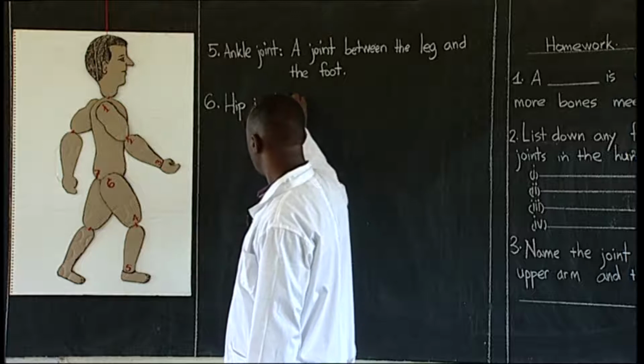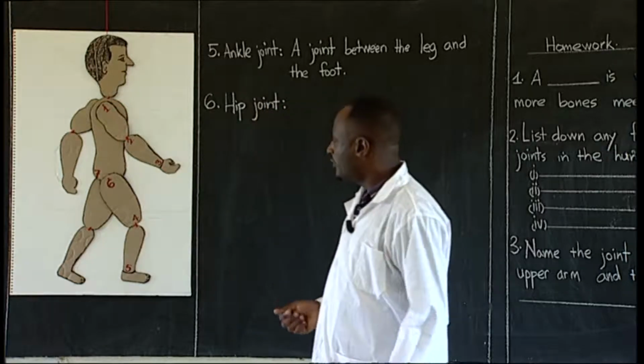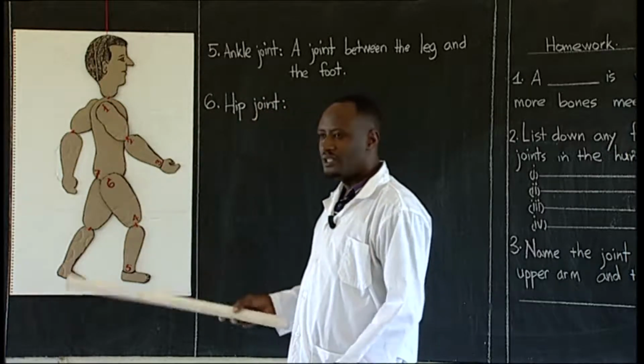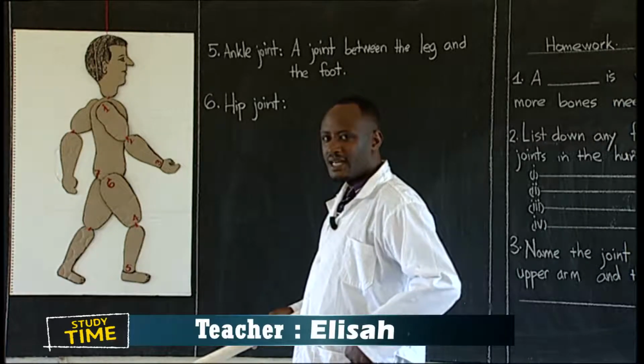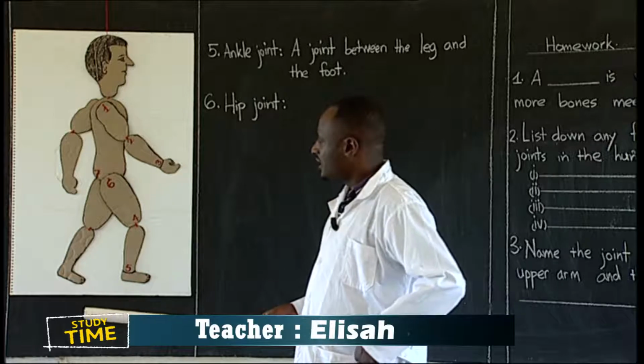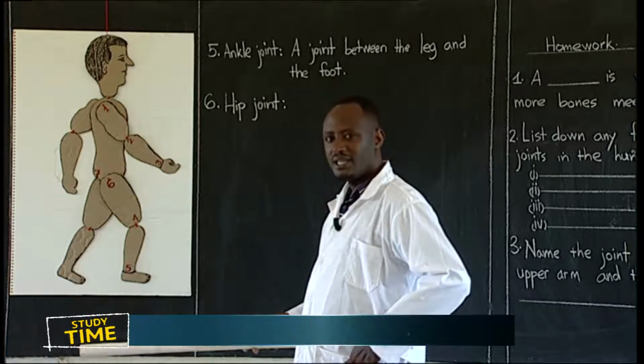The hip joint is, of course, the joint at the start of the leg. Where the leg starts, that is where the hip is.